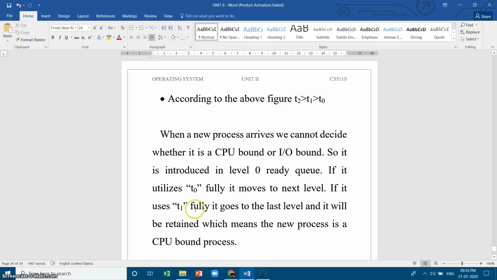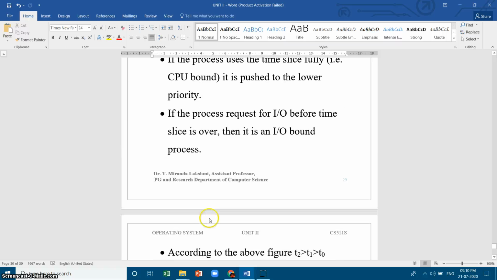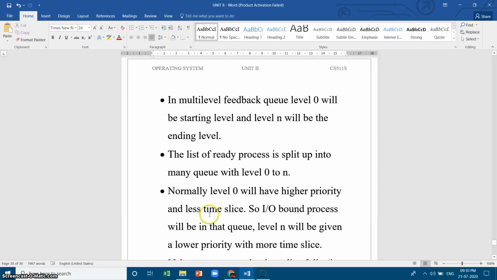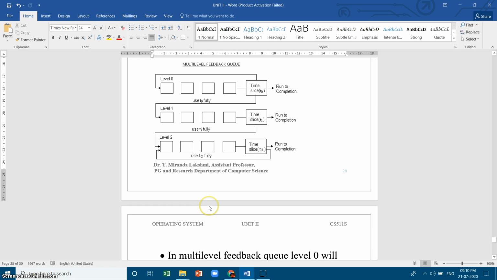If it uses T1 fully, it will move to your last level, then go to T2 and be retained there, which means the process is a CPU bound process. So now we are clear, but this implementation of heuristic scheduling is very difficult because each time the process has to be decided as IO bound or CPU bound.